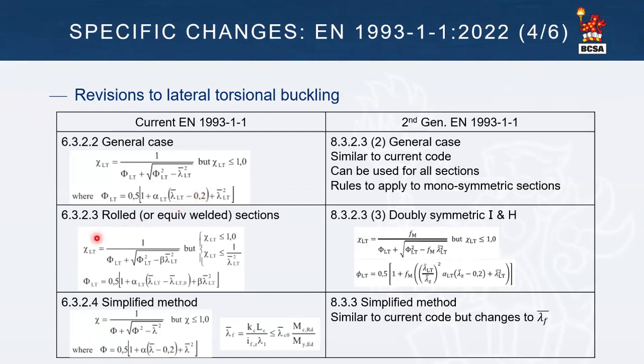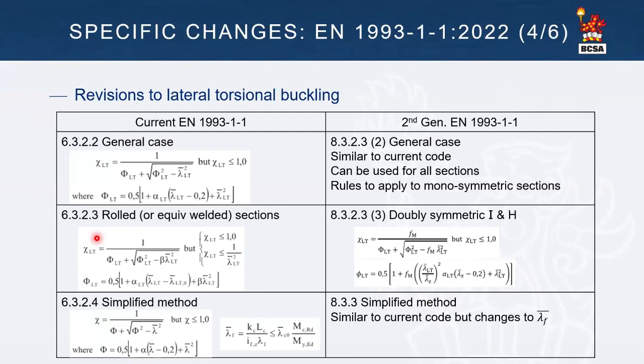The next case is for rolled sections or equivalent welded sections, although the UK National Annex only uses it for rolled sections, not welded sections. This was because the available test data was compared at the time the first generation of the National Annex was developed.